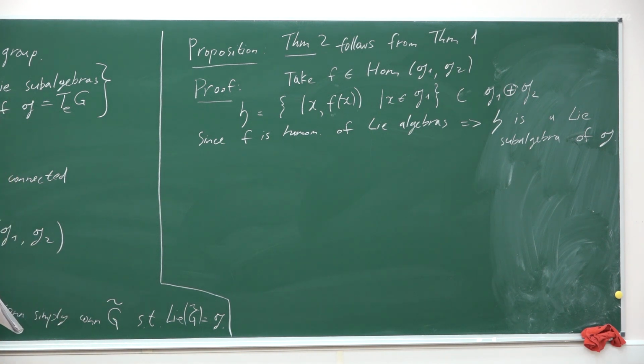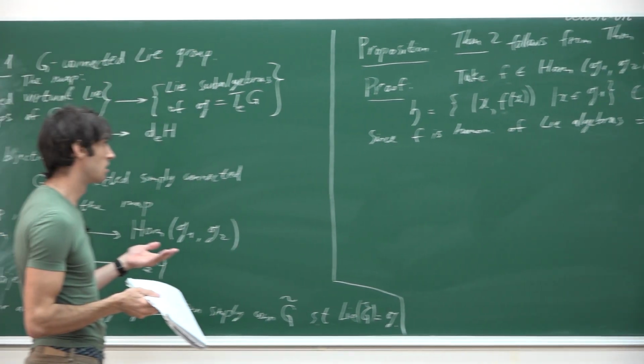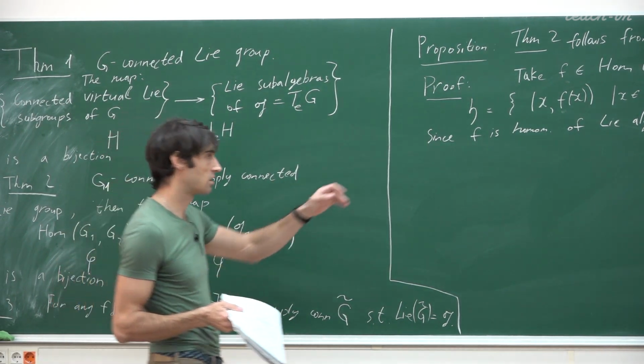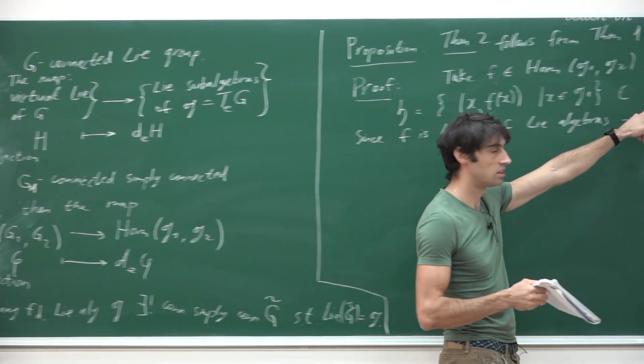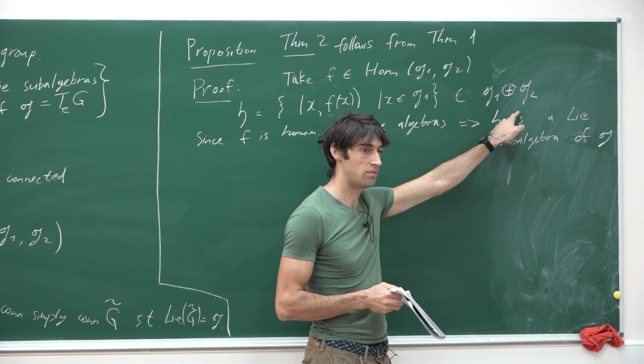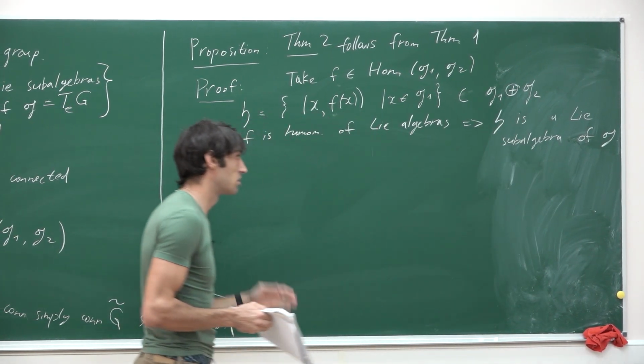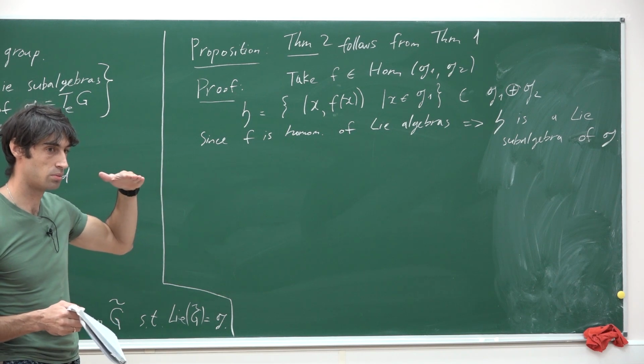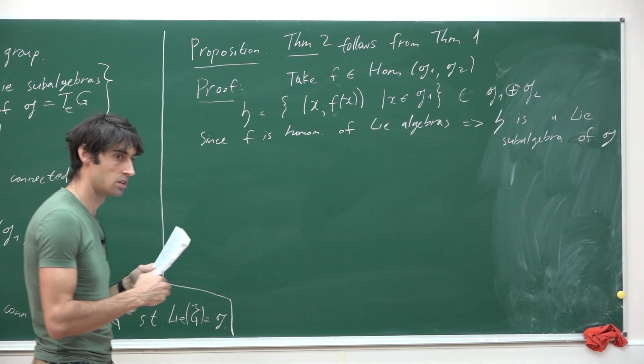Well, you can already guess where it goes, right? Since we have a subalgebra in here, we can find the corresponding virtual connected Lie subgroup in G1 times G2.